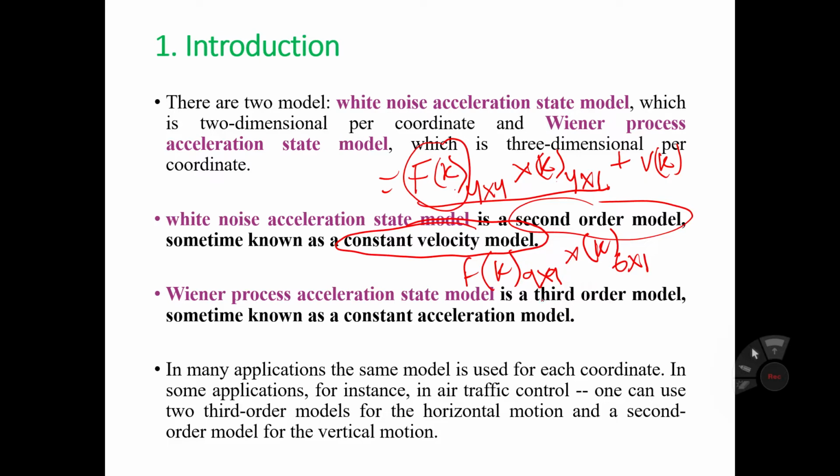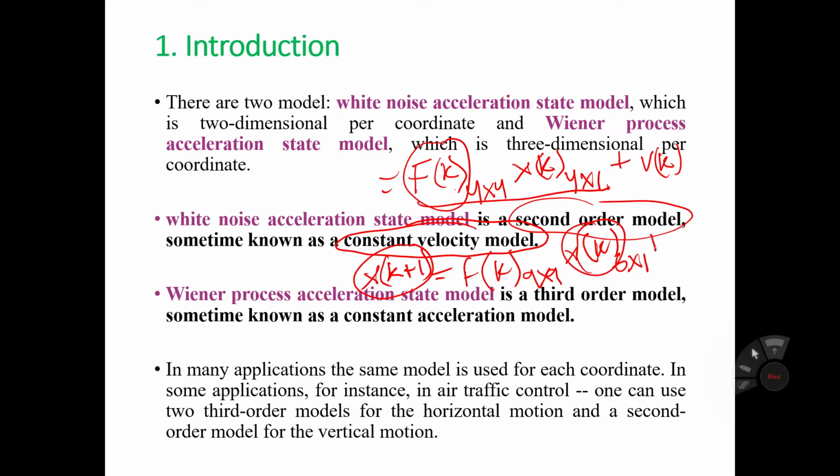When F of k is multiplied with x of k, this will add the acceleration. It is known as the constant acceleration model because to get the next state of the object, x of k plus 1, we use this model, which adds the acceleration to the current state to get the new state.